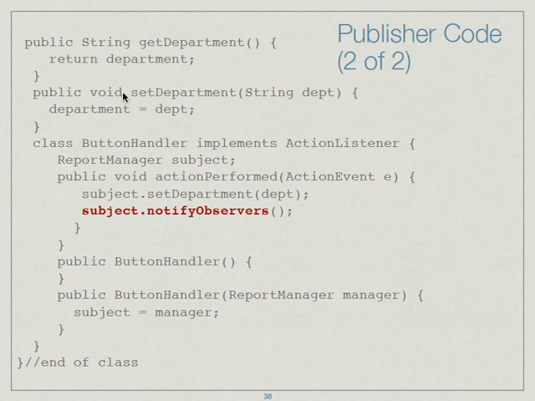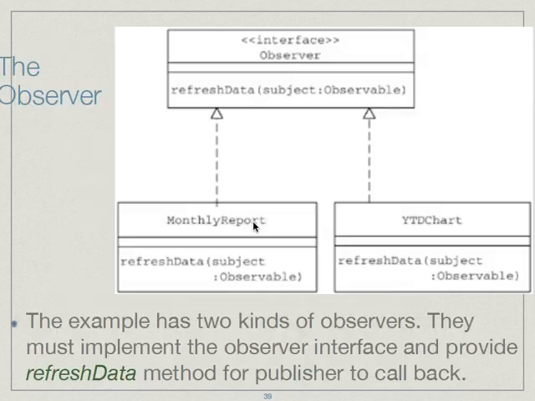This shows that maybe there's a GUI, a UI, where an end user may press a button, and it will trigger the action listener to do something and then notify the observer. And so this is the observer side.